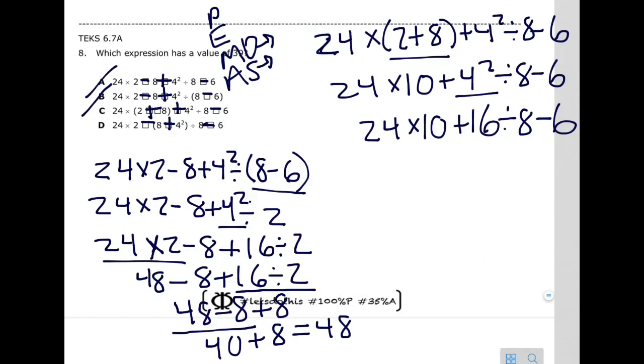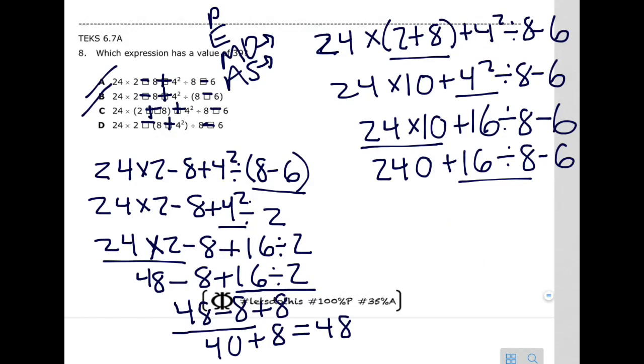Then I've got multiplying and dividing, so I need to go from left to right. 24 times 10 is 240, plus 16 divided by 8 minus 6. 16 divided by 8 is 2.